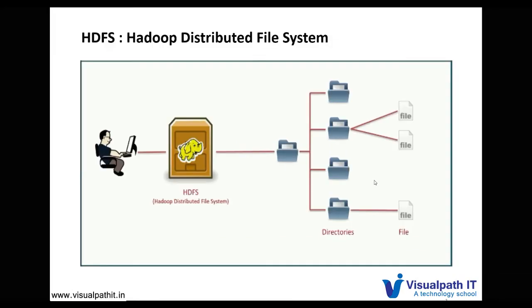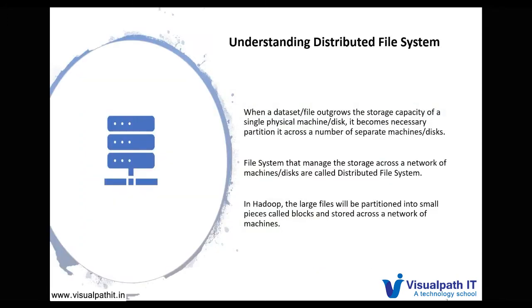We have seen that when you copy a file, the file will be split into blocks and stored in directories. This is called the Hadoop Distributed File System. What is a distributed file system? When a dataset or file grows beyond the storage capacity of a single physical machine, it becomes necessary to partition it across a number of separate machines and disks.